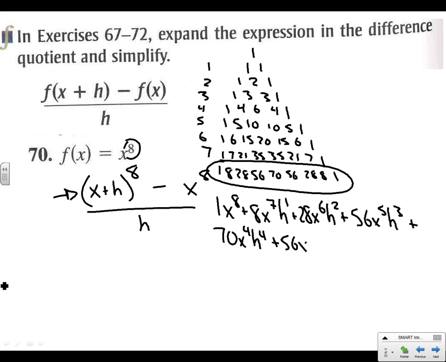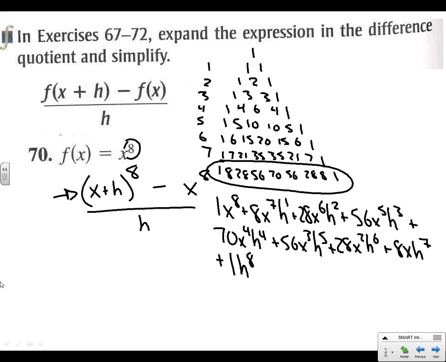56 x to the 5th. Sorry, we're going down, sorry, x to the 3rd, h to the 5th, plus 28 x to the 2nd, h to the 6th, we're almost there, plus 8 x to the 1st, h to the 7th, plus 1 h to the 8th.